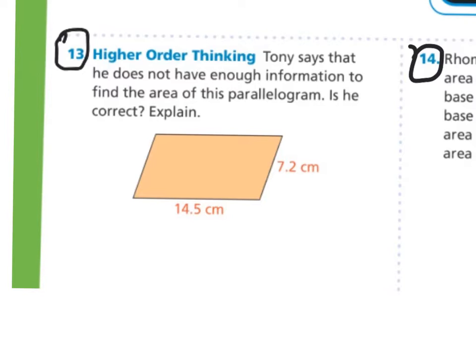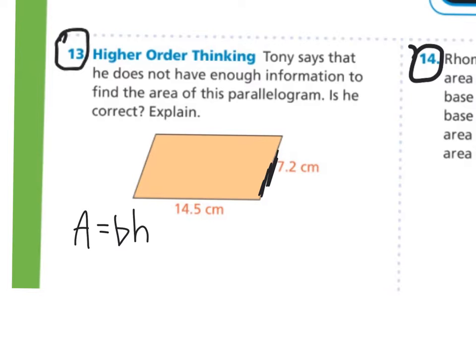So what we have to remember, going back to our formula, the area of a parallelogram is equal to the base times the height. So actually on this problem, this is what we were mentioning at the beginning of the lesson, Tony actually is correct, because the base and the height need to meet at a right angle.